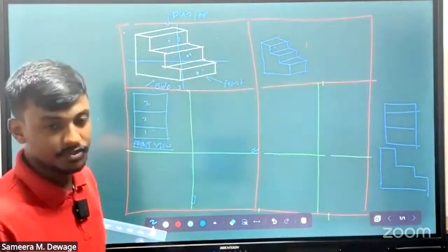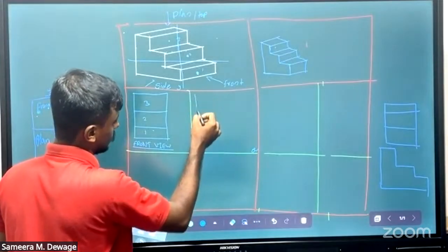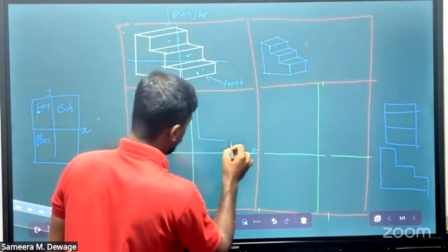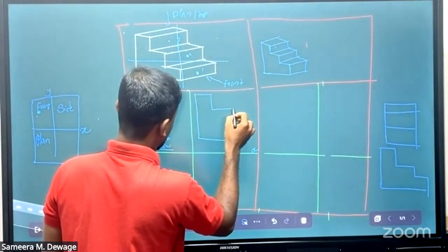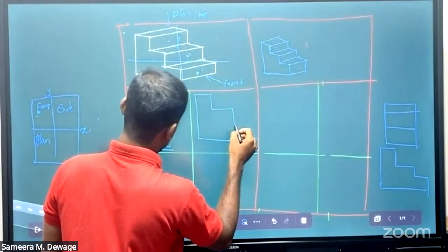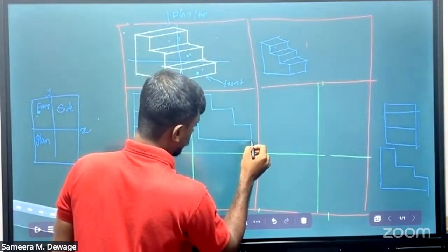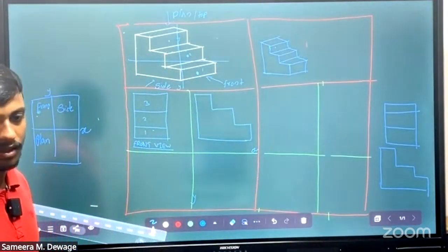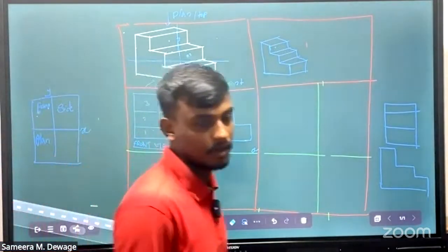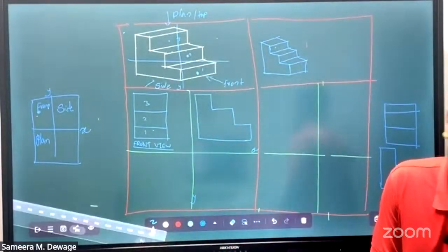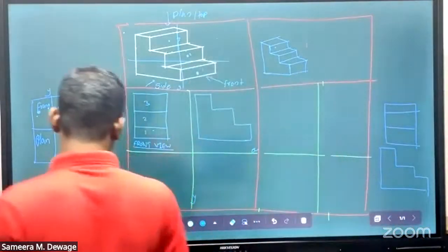So I'll draw that part here. Got it? Right. So what will be the plan view? How will the plan view be?